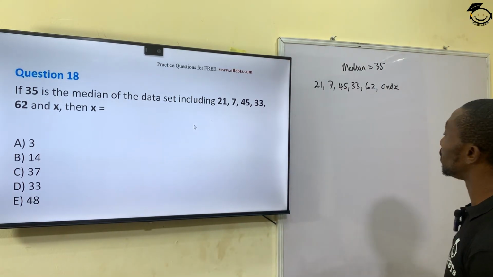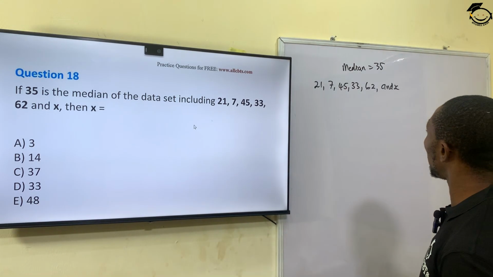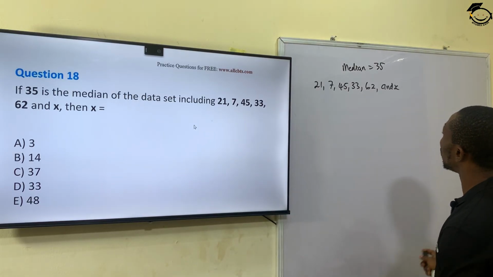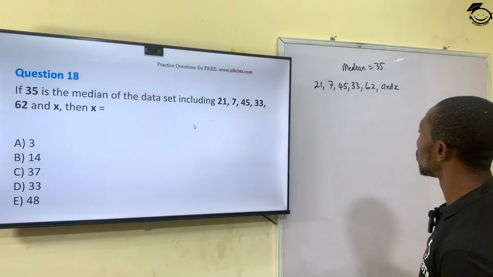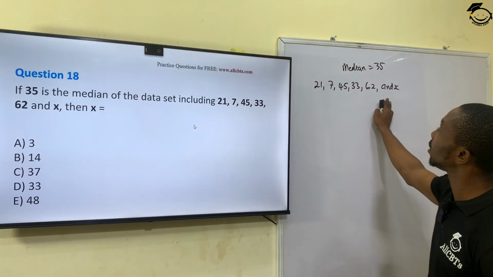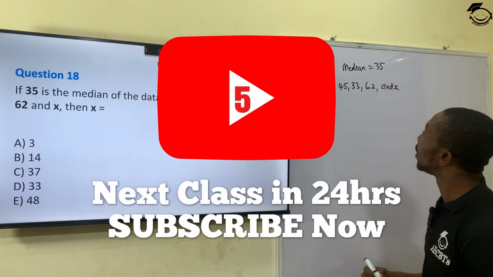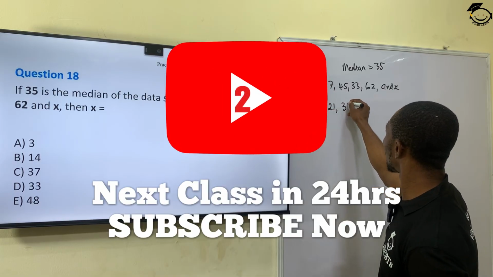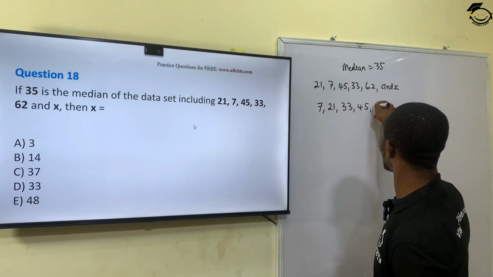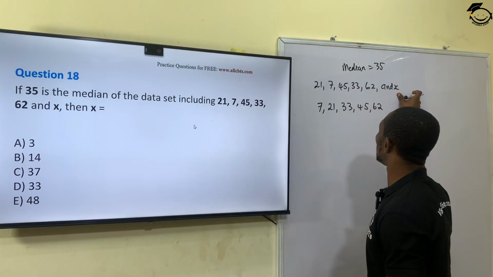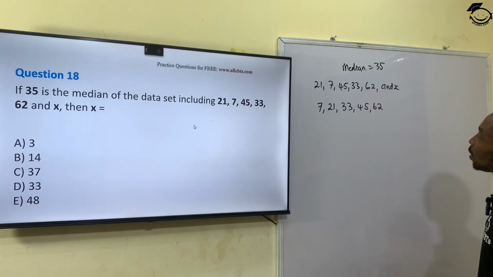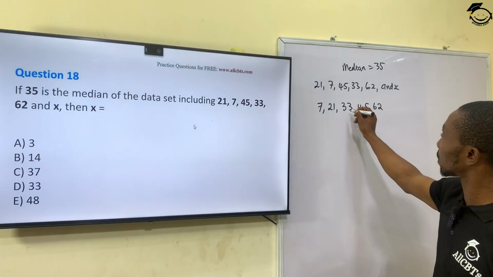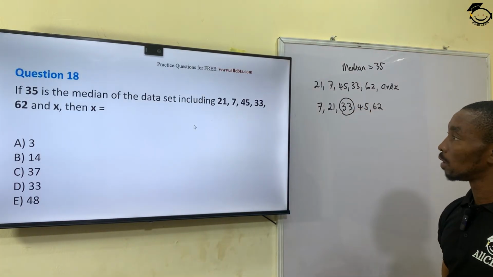Median is the middle number when arranged in ascending or descending order. So first off, let's rearrange our numbers in order. So we would have 7, 21, 33, 45, 62. Now let's omit our x first. Now, from this set of data, we know that our 33 is our middle number.